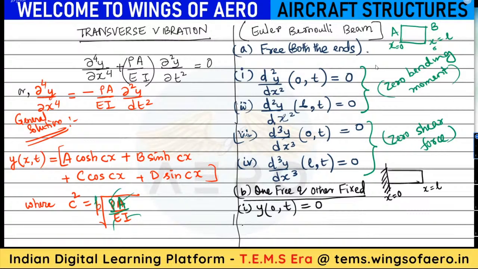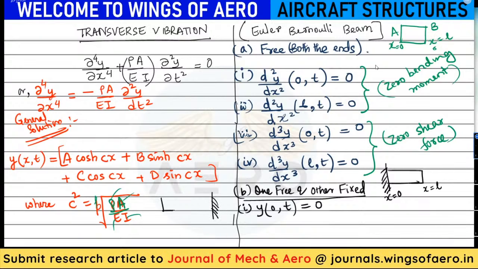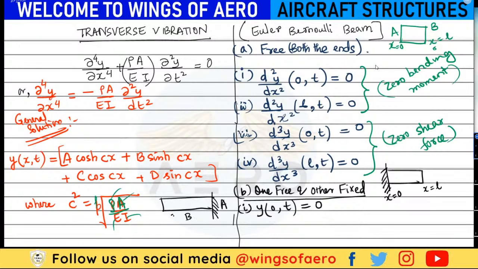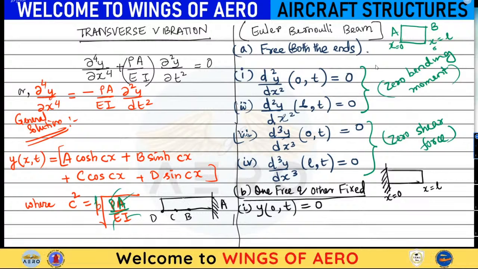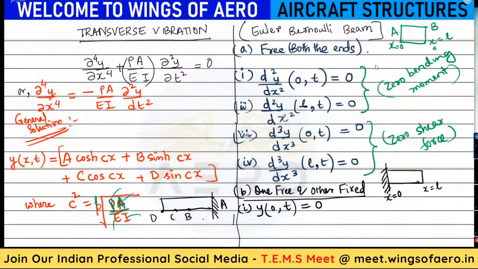Now, such kinds of questions can also be asked. If they give you one beam with some points A, B, C, D, they might ask where it will undergo 0 deflection, whether at point A, B, C or D. So such questions can be expected.